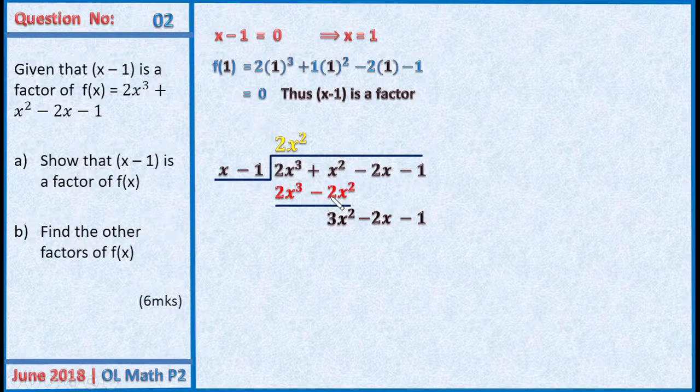Now at this point we have 3x squared divided by x here. So that gives us 3x. Now 3x times x here will give us 3x squared. 3x times minus 1 will give us minus 3x. If we subtract again at this point, we will have this x minus 1.